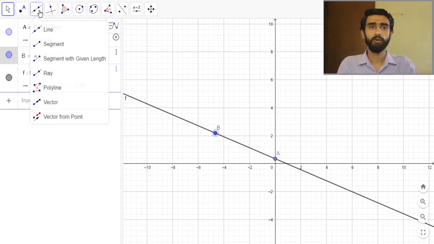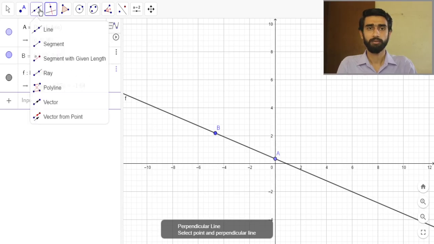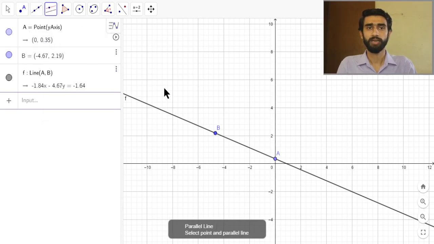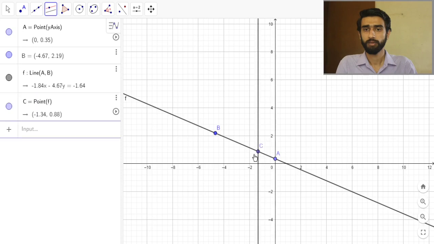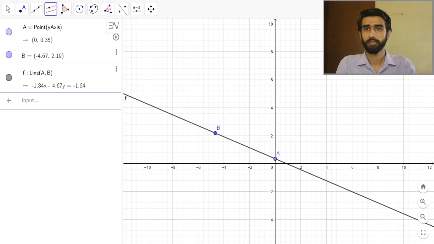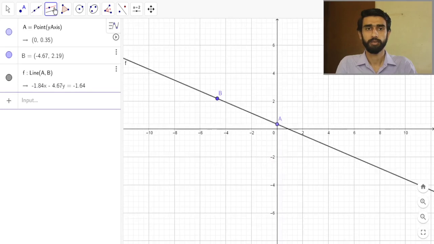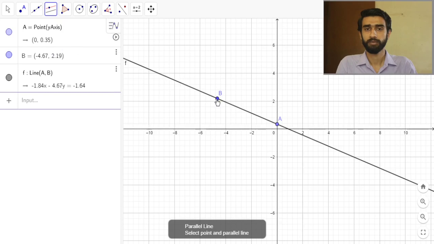Okay, now I am going to draw a parallel line. Wait a second, I will draw a parallel line. This is the point.